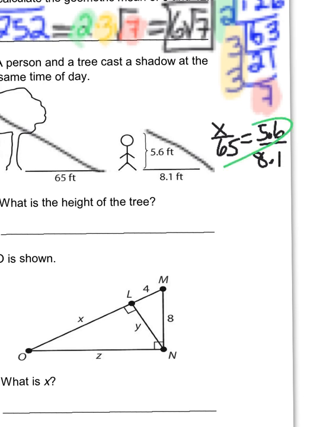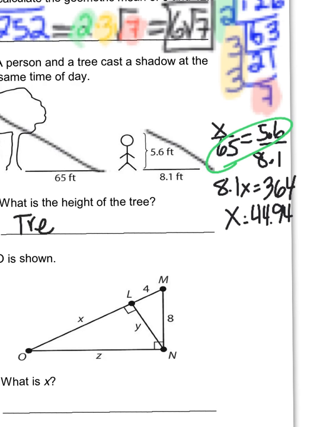When you cross multiply, you end up with 8.1x equals 364. And if I divide by 8.1, I find out that x is equal to 44.94. So that means the tree is 44.94 feet tall.